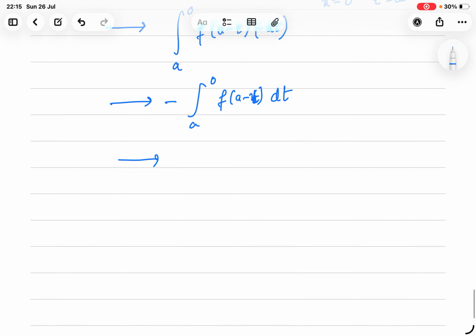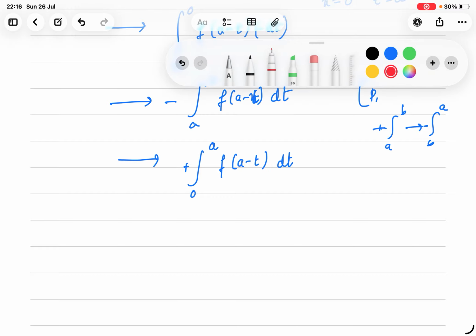Now you have to use property 1. Whenever you change the limits, the minus becomes plus. Lower becomes higher, higher becomes lower, and the integral is from 0 to a of f of a minus t with respect to t.